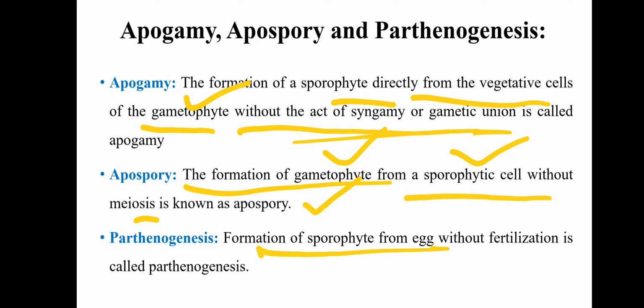It is the formation of a sporophyte from an egg without fertilization. Without fertilization, from the egg, the whole sporophyte will be formed. So this is the case of parthenogenesis. So this is all about the general characteristic features of pteridophytes.